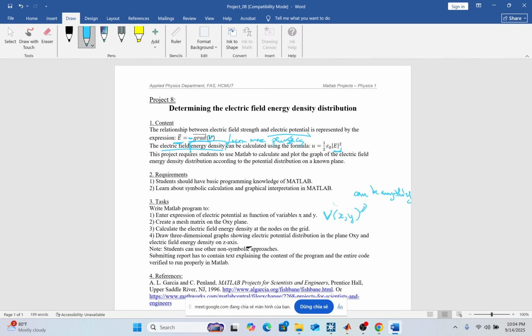Then I will have to plot an electric potential map, and then plot the electric density field on the map, which means that I will have to calculate the E vector, then calculate the magnitude of it at any point in the space, and show it on the graph. That's basically what this task is asking me to do.